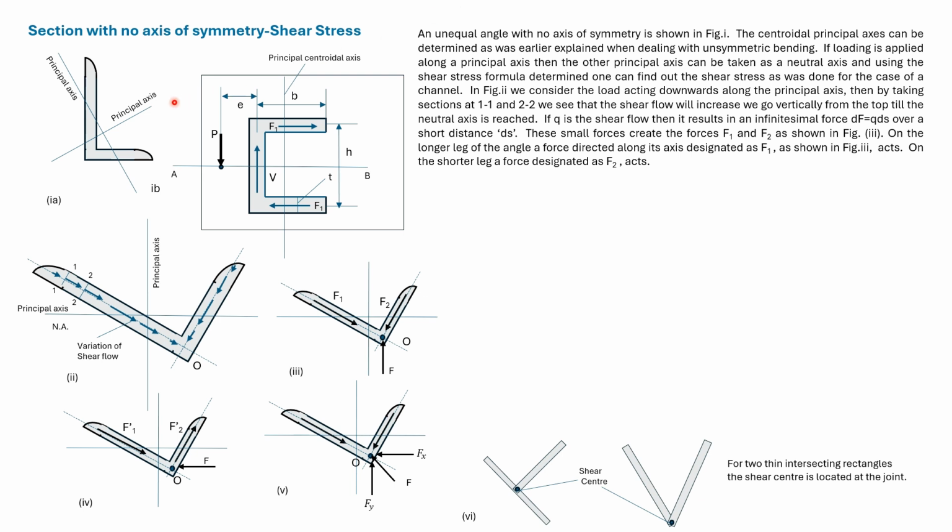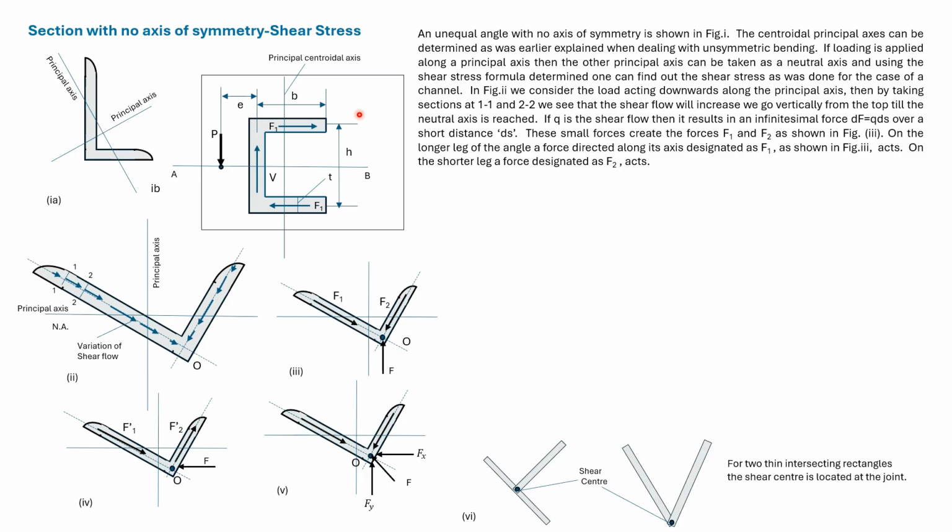If loads are applied along the principal axis, then the flexure formula can be used. The shear formula is based on the flexure formula. We'll carry out the analysis of the angle section similar to the analysis of a channel section with one axis of symmetry.